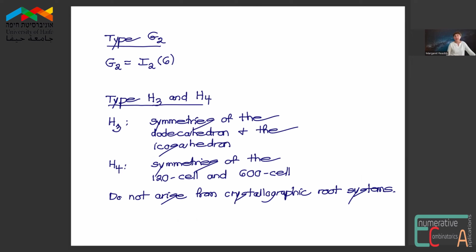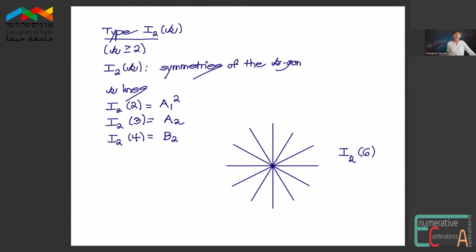H3 is symmetries of the dodecahedron and icosahedron, H4 symmetries of the 120-cell and the 600-cell. And then again, going back to I2(k), symmetries of the k-gon. Here I have pictured symmetries of the 6-gon, consisting of 6 lines.